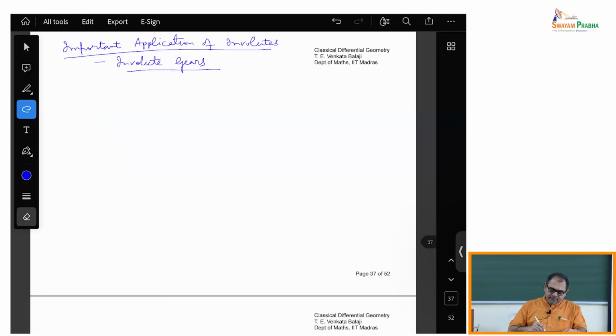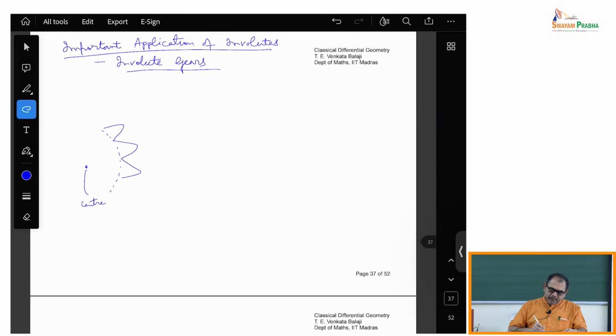Again, it's hard to draw a picture by hand, but let me assume that this is the center of a wheel of a gear, and let me draw a portion of the disc which contains the teeth like this.